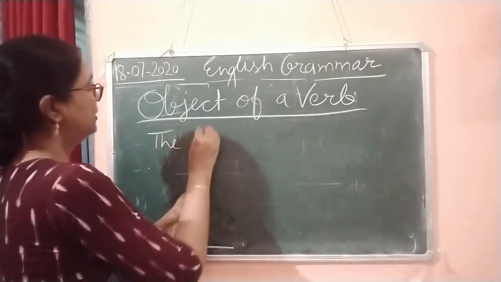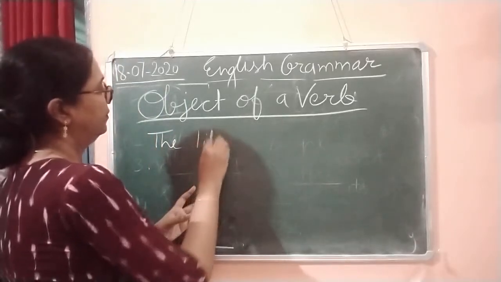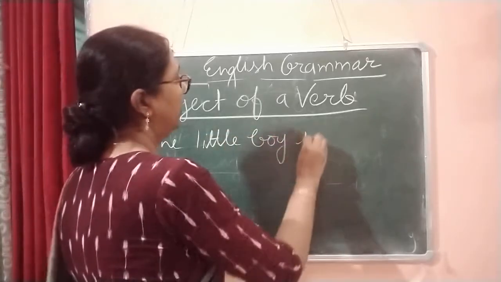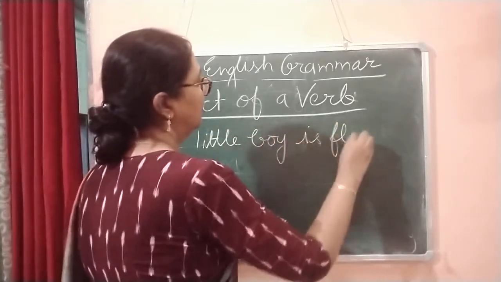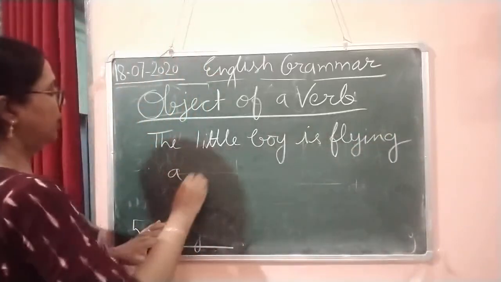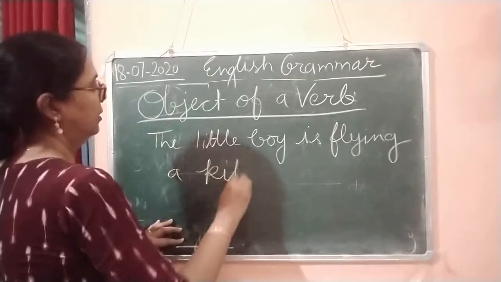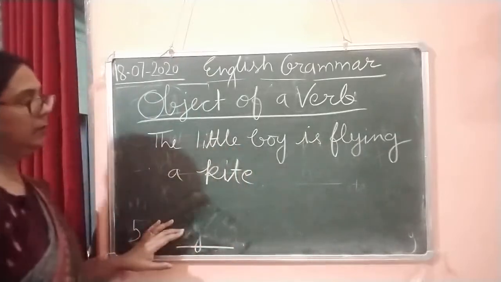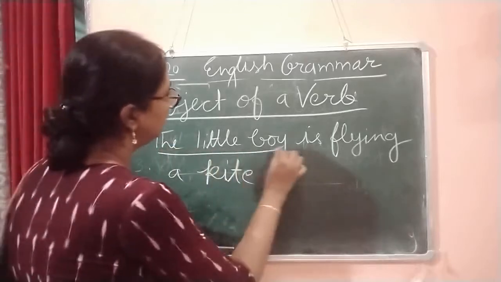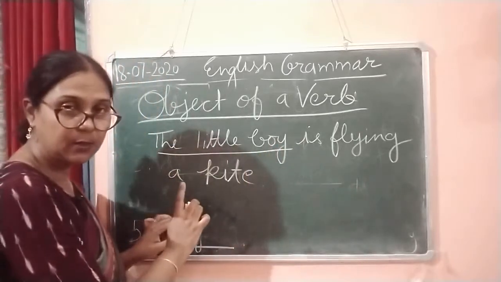The little boy is flying a kite. Here you can see the subject is a little boy who is flying the kite.